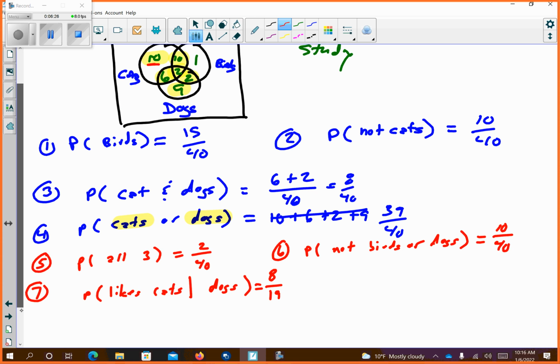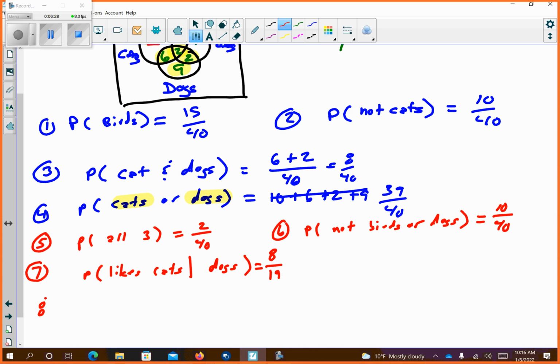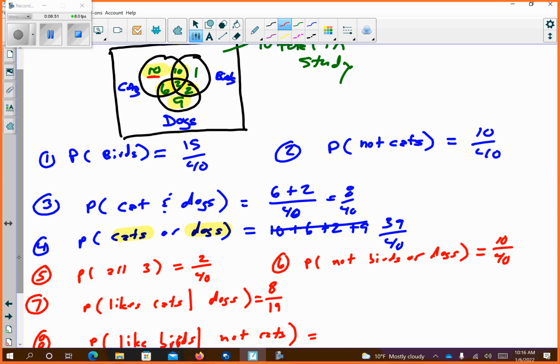And then number 8. The probability they like birds such that they don't like cats. Birds. If I could spell birds, it's not beards, not cats. Okay, so we don't want to have any overlap of cats.